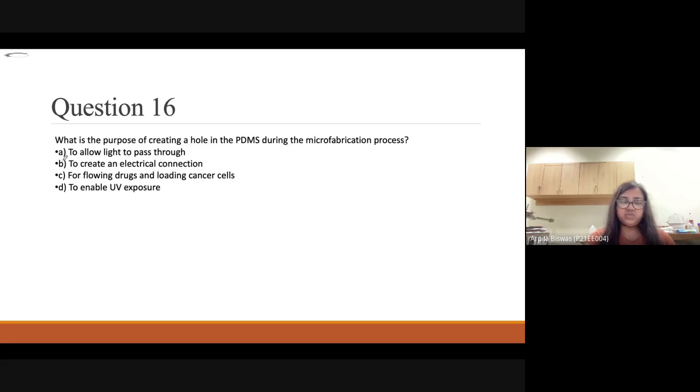So next, moving to question number 16. What is the purpose of creating a hole in PDMS during the microfabrication process? The first option is to allow the light to pass through it. The second option is to create an electrical connection. The third option is for flowing the drug and loading the cancer cell. And the fourth option is to enable the UV exposure. Try to find out the right answer.